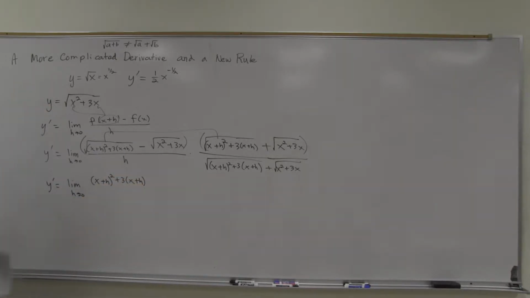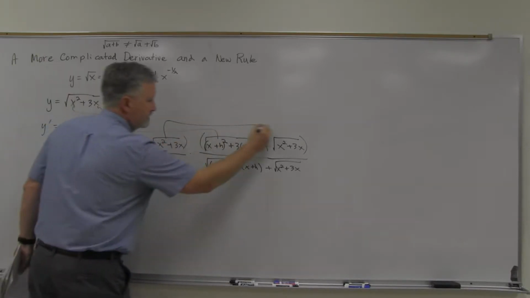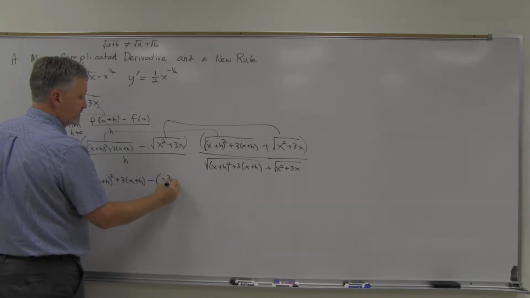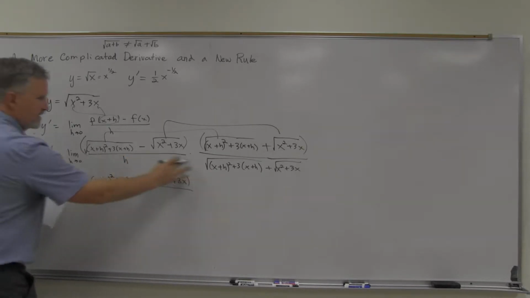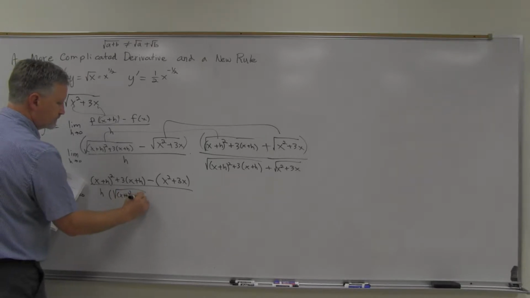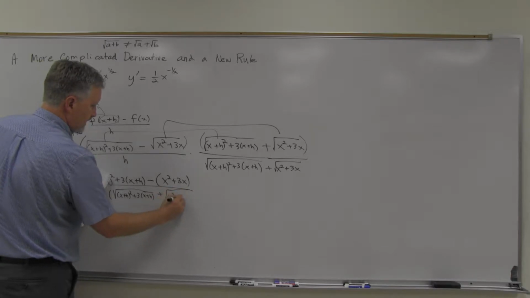That's the first part of that. And then the middle terms drop out. And then this times this, the square roots cancel out, so I have minus the x squared plus 3x. That's what I've got on top there. And then on the bottom, I've got h times that conjugate on the other side of it. All right, so what's next?